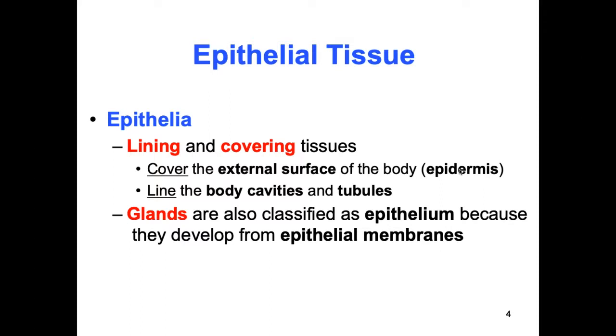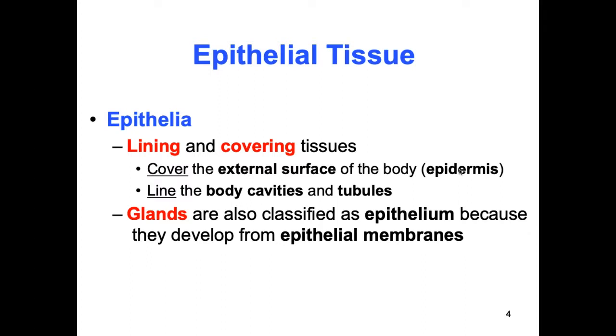So when you have digestive enzymes from the stomach into that tract, or from the pancreas into the digestive tract, it's releasing those things into epithelium, okay, because that's a tubular system. When we inhale oxygen and blow out carbon dioxide, all of that air and that gas exchange is going through a tubular system. Again, that's made up of epithelium.